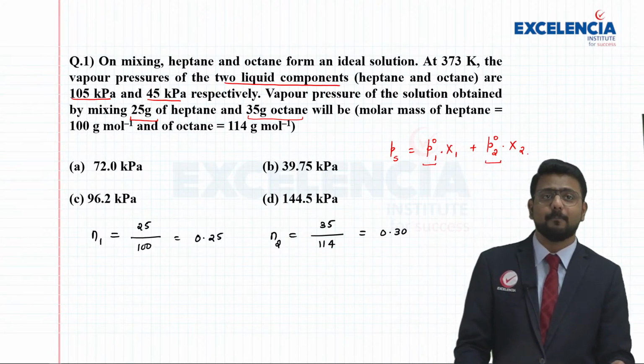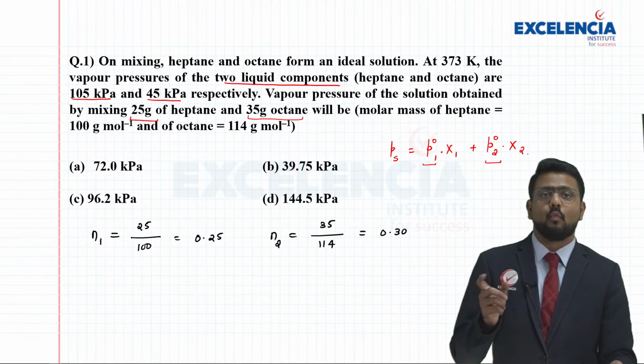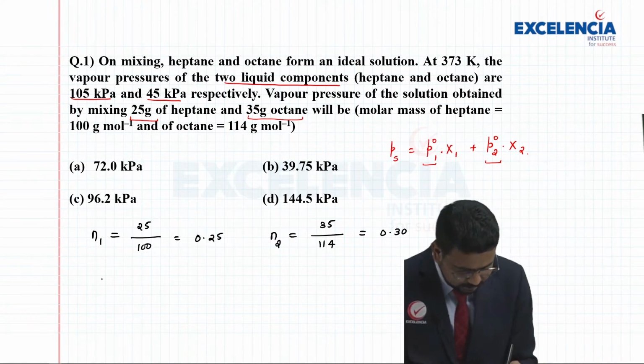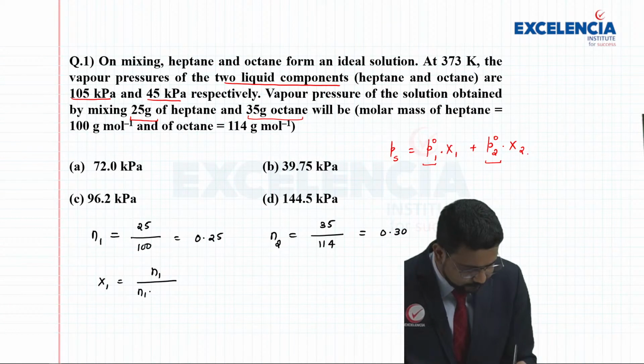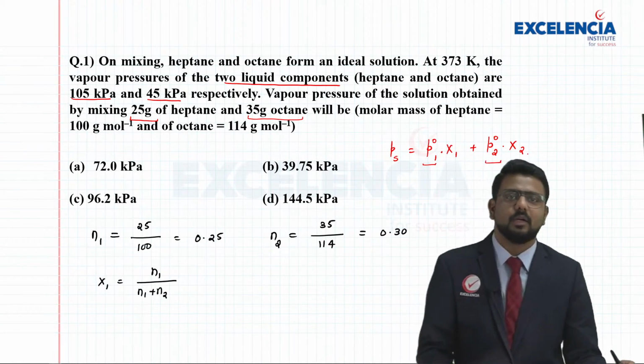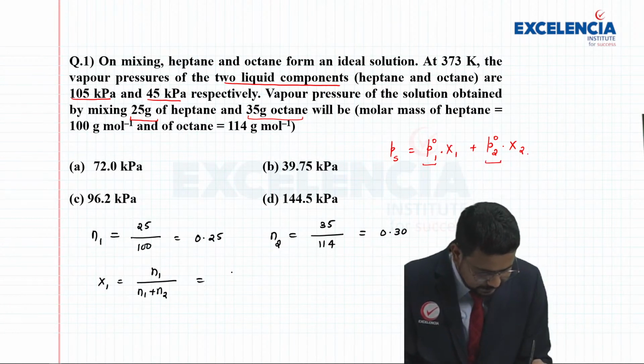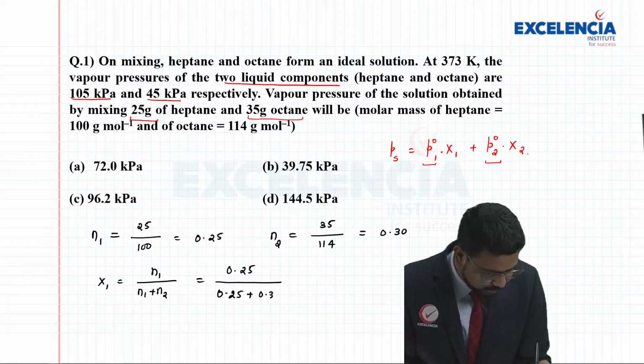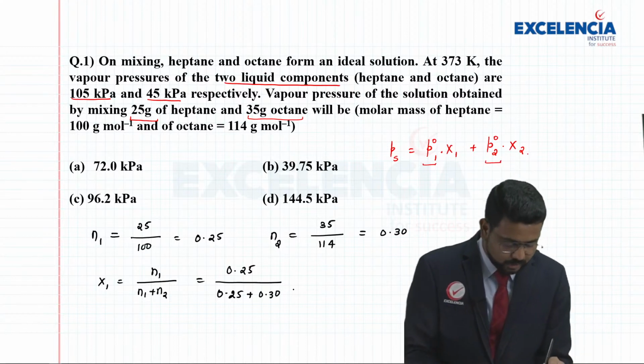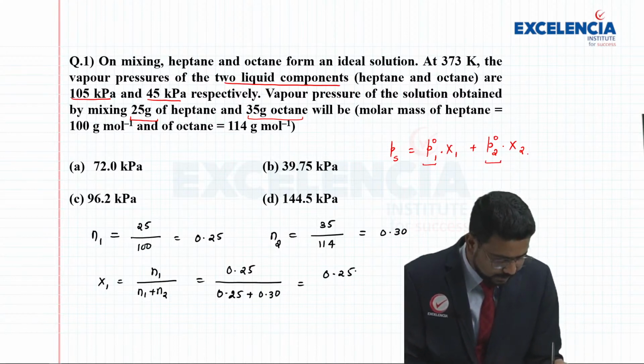Now these are the respective moles. When we find the mole fraction, X1 is equal to n1 over n1 plus n2. So here you have 0.25 divided by 0.25 plus 0.30, that is 0.25 over 0.55.